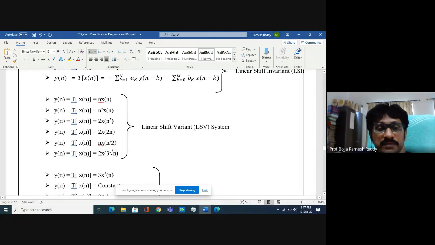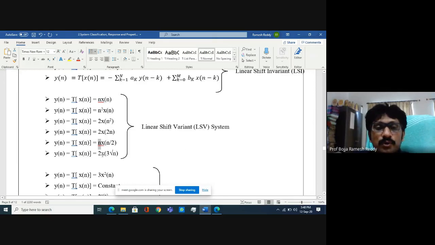Again, n by 2. Because of n, because of the variable coefficient. A variable coefficient cannot be included in a time invariant or shift invariant system. Because of n and n by 2, this system is shift variant.